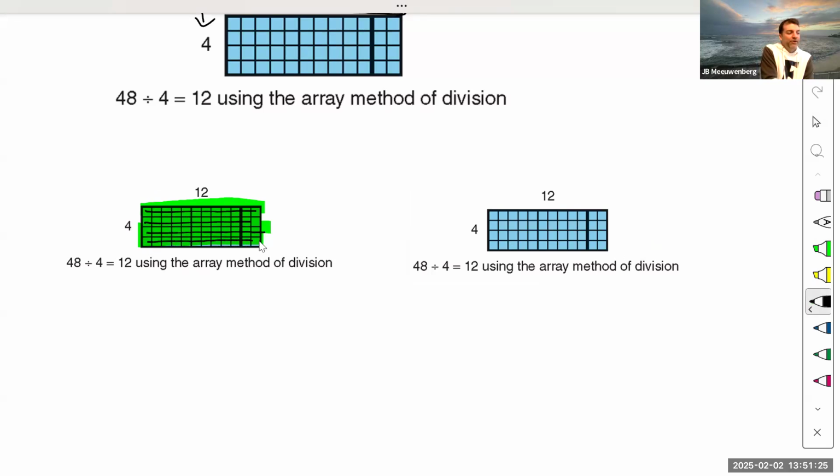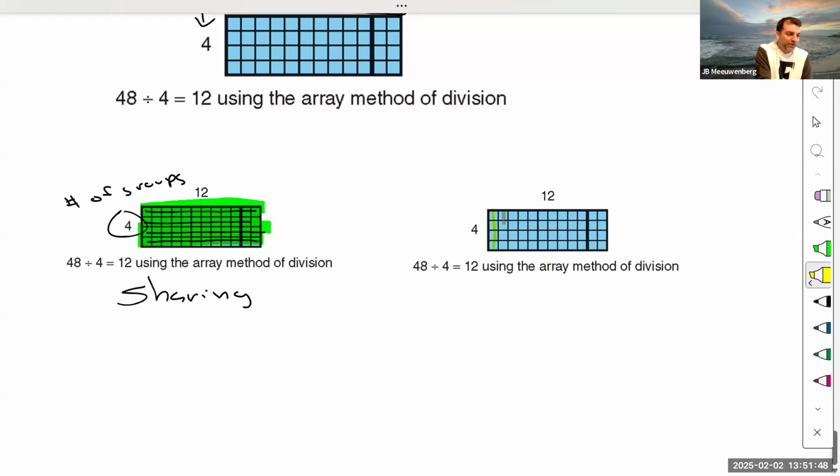If you're envisioning it like that, that's an example of the sharing concept, right? This is telling us the number of groups, right? Or maybe when you were sketching your array, you envisioned it more in terms of columns.